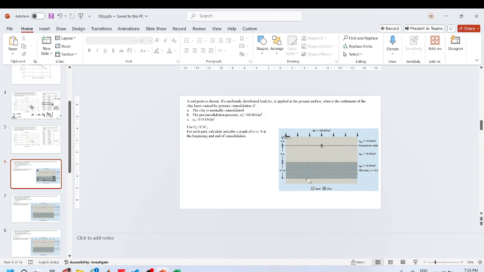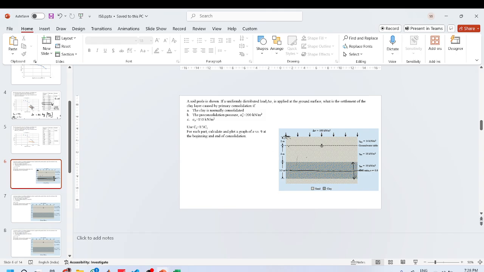But since it has sand above and below, that means it is a double drainage, which means that the water here can leave just adjacent to it only. It does not need to traverse the whole height of the clay. So the maximum distance that the water will have to move will be basically H by 2 only. That is why we calculate the consolidation at the middle of the layer.